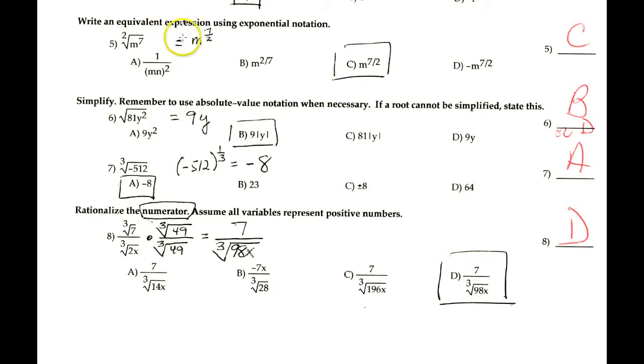Here they want us to write an equivalent expression using exponential notation. Well, again, the review of all of this is that if we have a number, let's say x, and it's in the form m over n, that would be a fractional exponential notation.